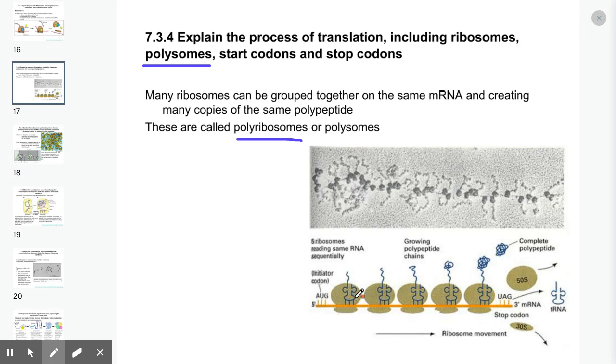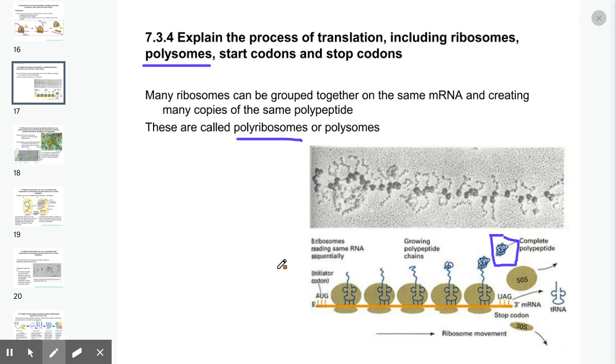And these ribosomes all line up on the same strand of messenger RNA, which means that they're all copying the information to create the same eventual protein, create that same polypeptide. And it's a very efficient way, especially if you need a lot of one type of protein.